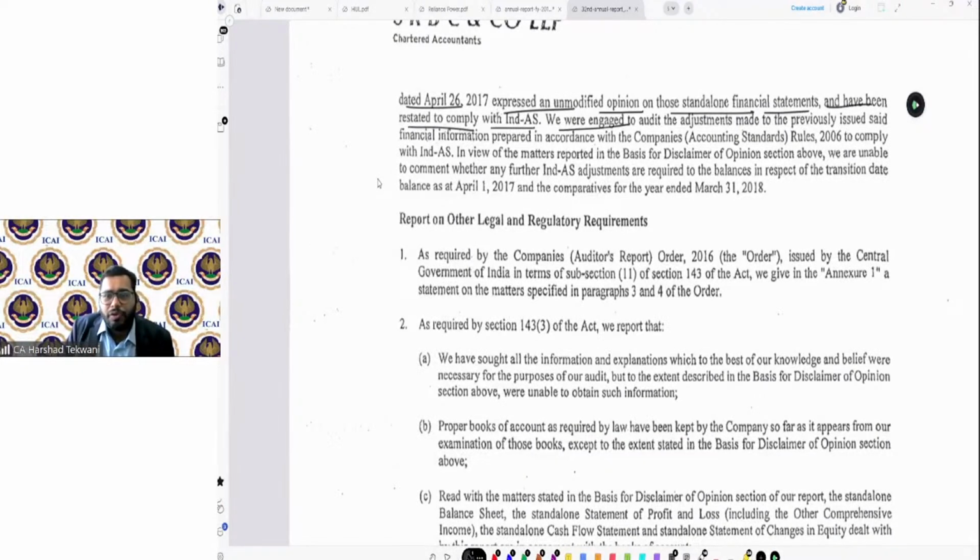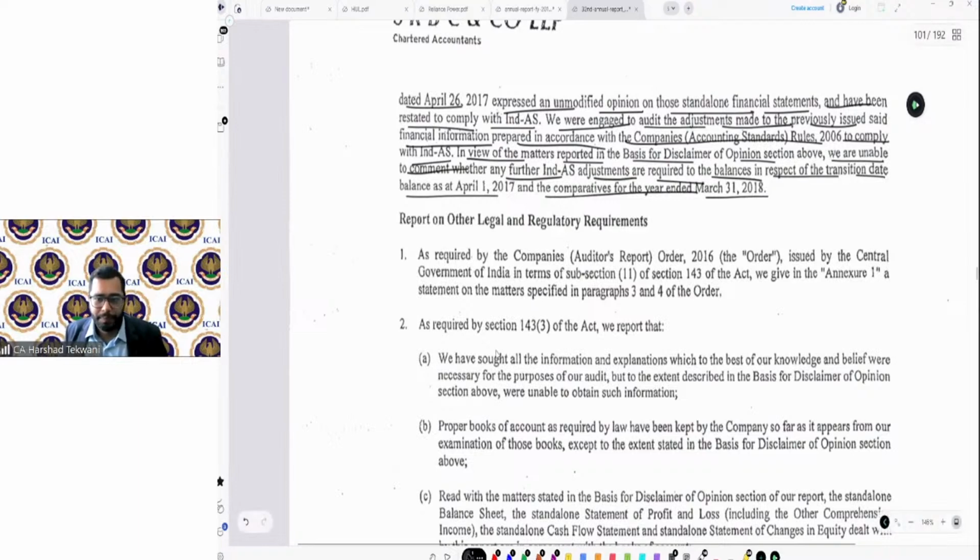We have engaged to audit the adjustments made to the previously issued financial information prepared in accordance with the accounting standard rules to comply with Ind AS. In view of the matter reported in the basis for disclaimer of opinion section, we are unable to comment whether any further Ind AS adjustments are required to the balance in respect of the transition date as on 1st April 2017 and the comparatives for 31 March 2018.